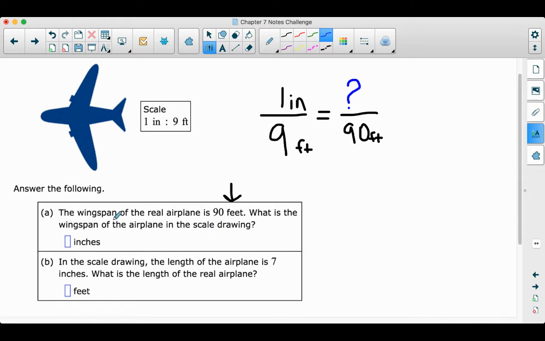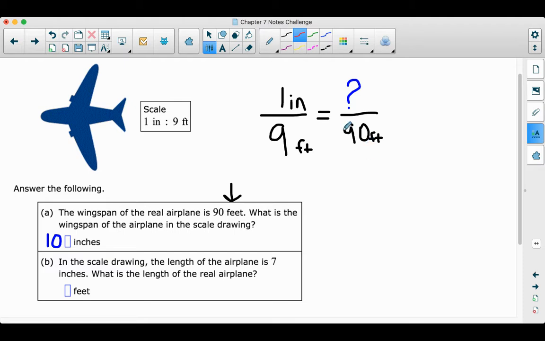And you should be sitting there and going, Mrs. Schultz, that's 10. How did I get 10? Well, 9 times 10 is 90. So 1 times 10 is 10. The other way, in the way that the book does it, is it says use your cross products.